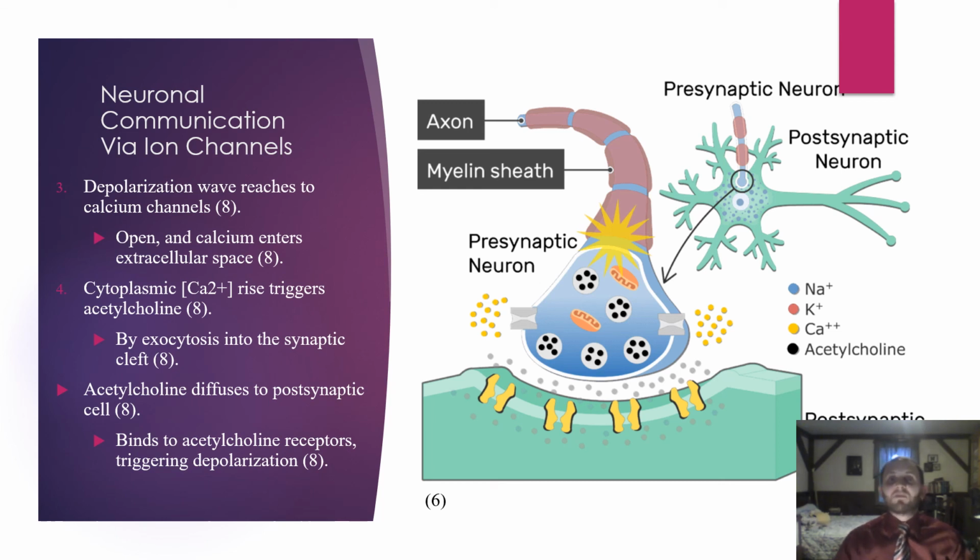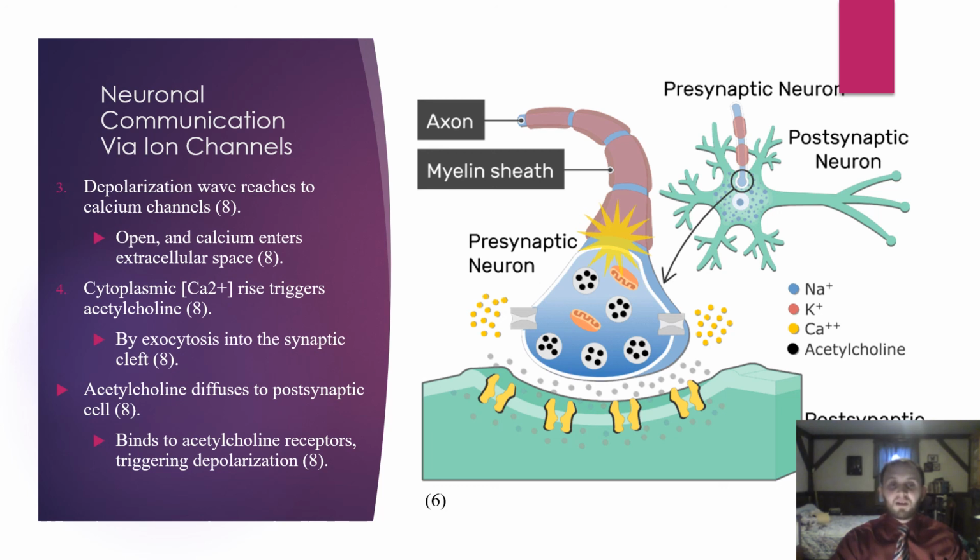Okay, as the wave of depolarization reaches the very end of the axon, we have the presynaptic neuron here. The depolarization will cause the calcium channels to open, which allows calcium to enter, and then acetylcholine is released into this empty space, the synapse, which goes to the postsynaptic neuron.